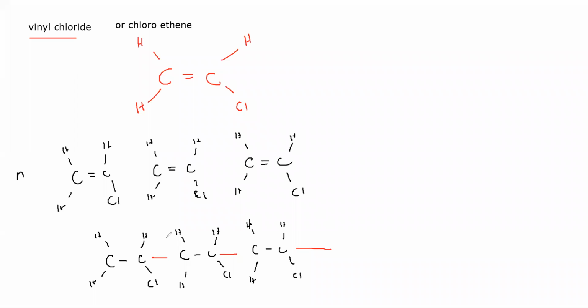Sir, if the double bonds are breaking, why don't the single bonds also break? Because different amounts of energy are required to break different types of bonds. Double bond means there are more electrons, they have greater repulsion. So a double bond can break easily into a single bond, but it needs more energy to break a single bond.